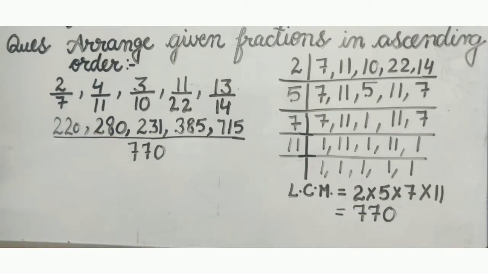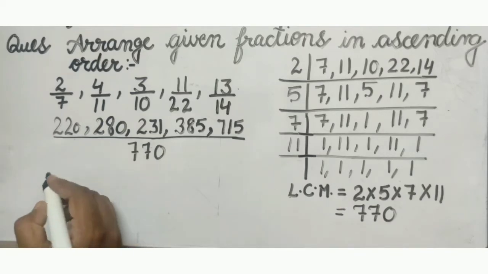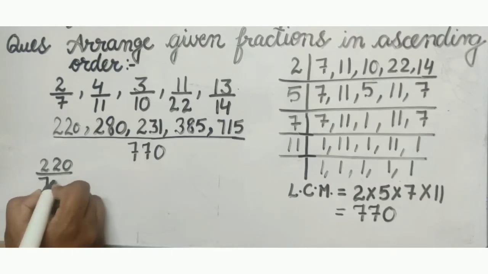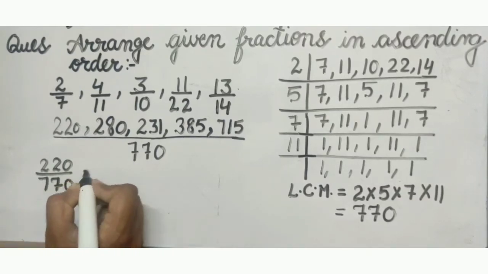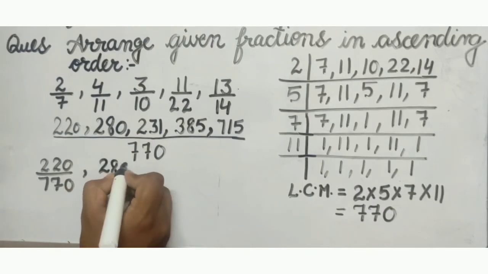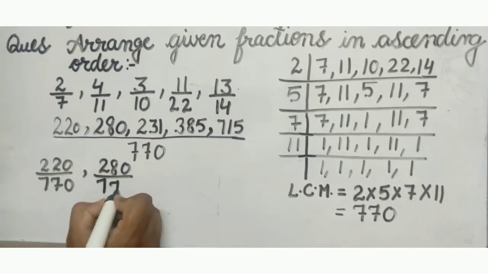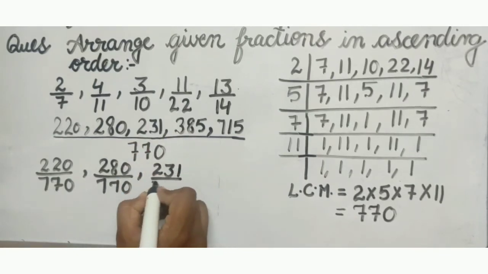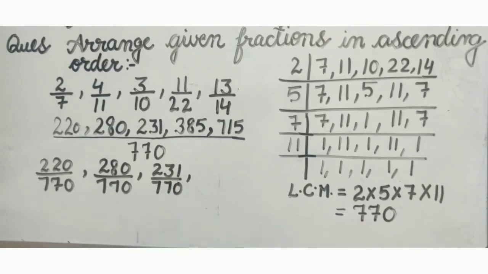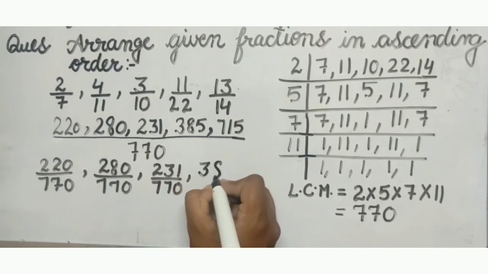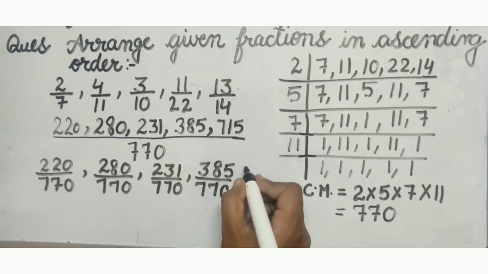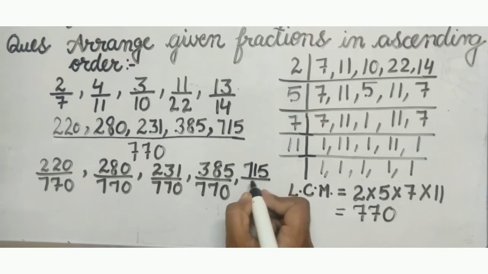Now, students, we will separate it. 220 divided by 770, 280 by 770, 231 by 770, 385 by 770, 715 by 770.